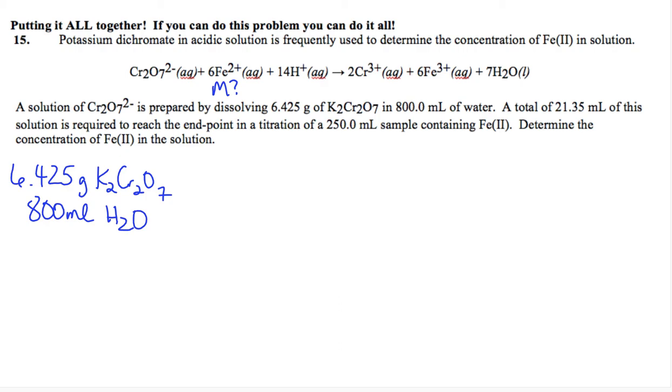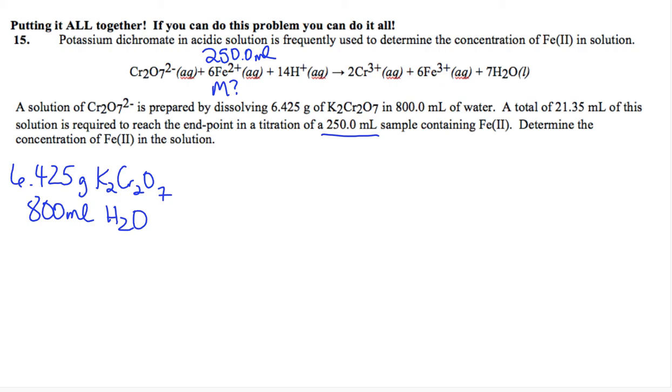So let me jot a couple more things down. We know that the sample we're trying to find the concentration of, how much of it did we titrate? Iron 2+. How much of it was neutralized or titrated? You guys have to read the problem. 250 mL sample containing iron 2+.